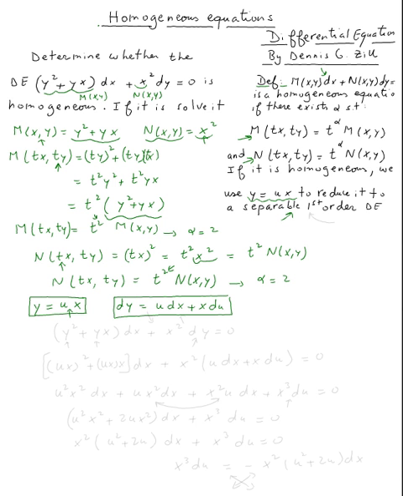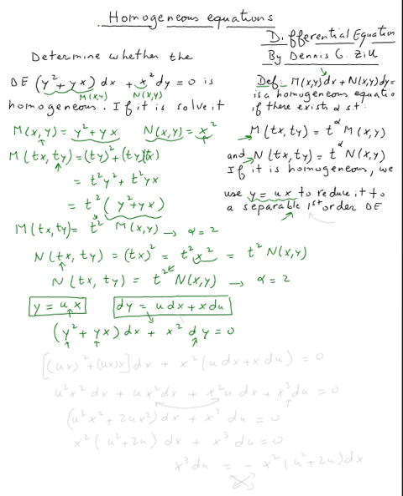So all we do is, let me rewrite the equation. The differential equation is (y squared plus yx) dx plus x squared dy is equal to 0. So I'm going to plug ux in for every y, and then I'm going to plug in dy here.